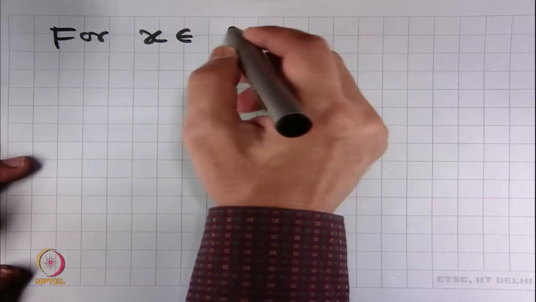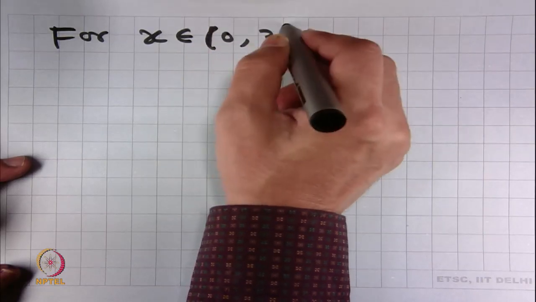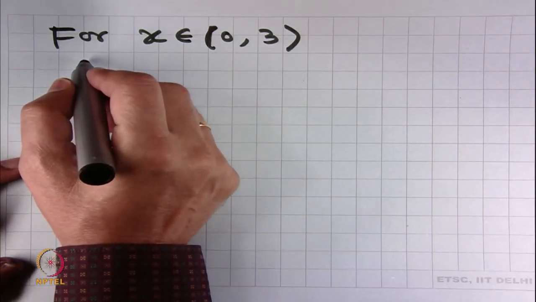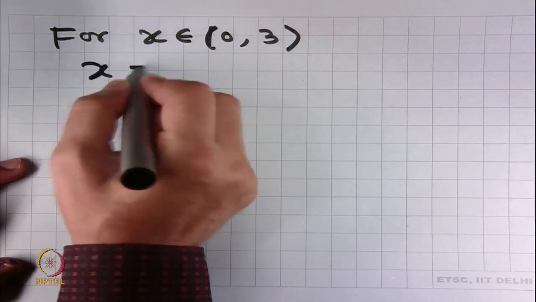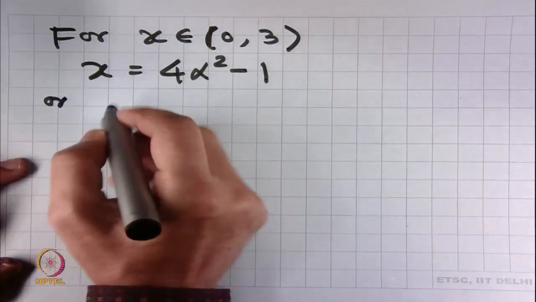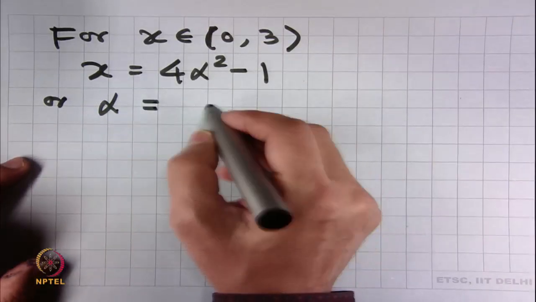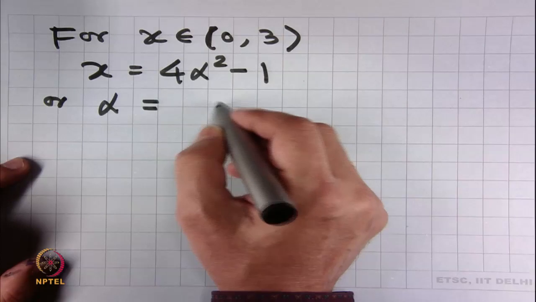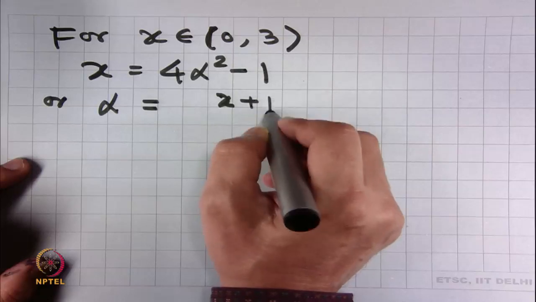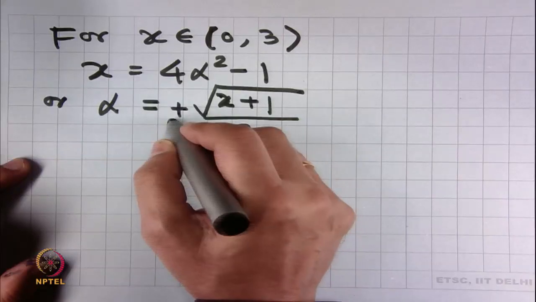For x belonging to 0 to 3, we have the equation x is equal to 4 alpha square minus 1, or alpha is equal to root over x plus 1 by 2 plus minus.